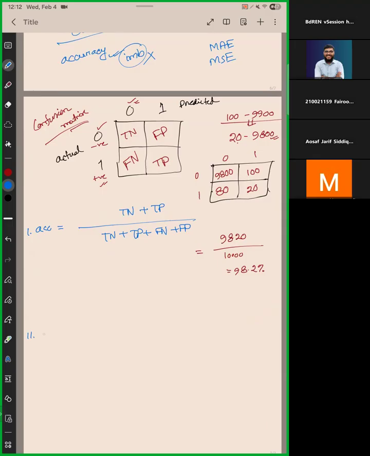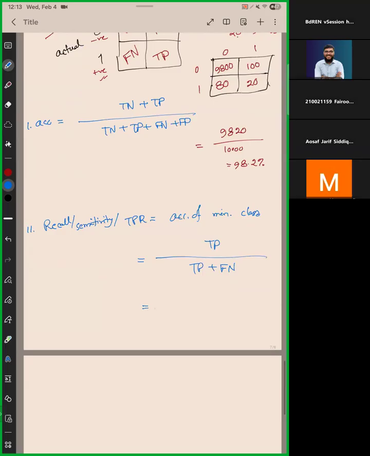So the second metric that we have is called recall, or sensitivity, or true positive rate. This looks at the accuracy of minority class prediction. What does it mean? It is equal to true positive divided by true positive plus false negative.